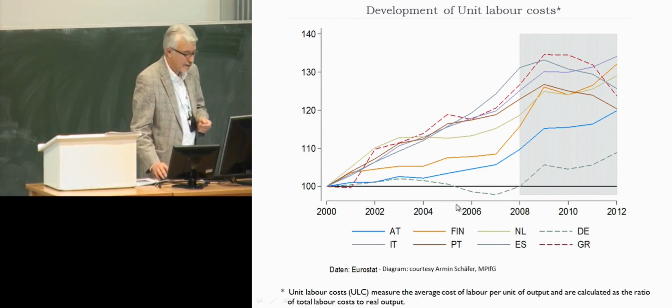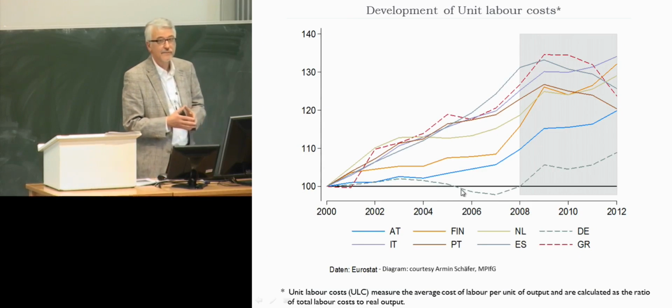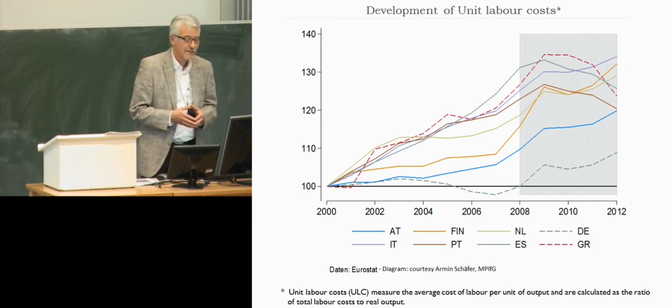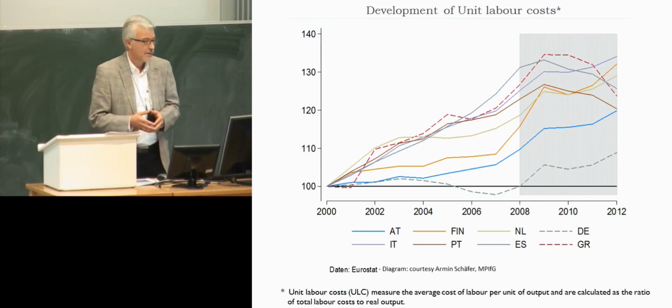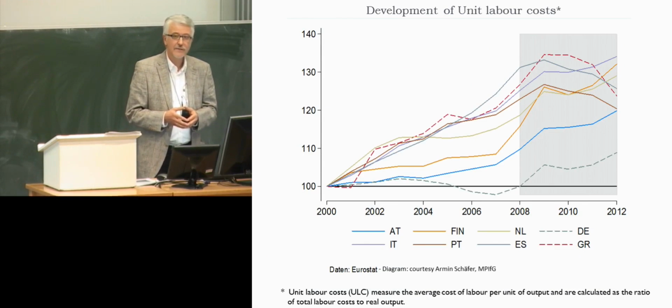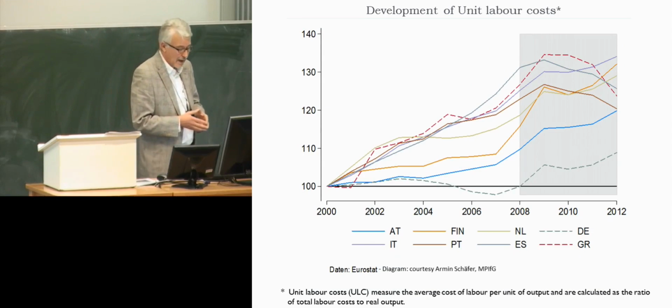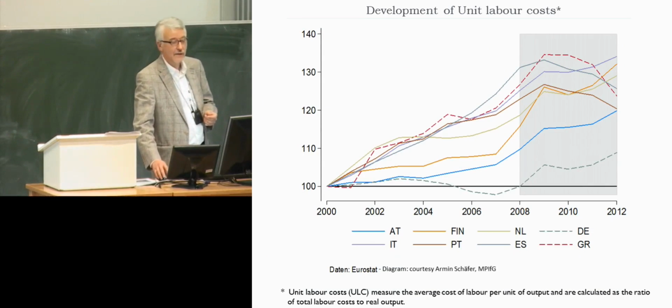And here, interestingly, unit labor costs decreased in Germany after 2005, and after 2008 there's a slight increase, whereas again Greece, the red dotted line, or almost all other countries, AT is Austria, experienced steep rises of unit labor costs, and that means that the international competitiveness of the economy has been deteriorated by this development.